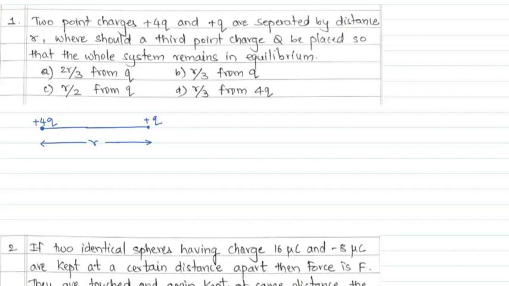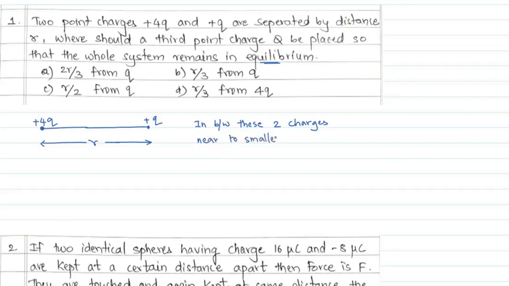Where should a third point charge Q be placed so that the whole system remains in equilibrium? Now both are positive, so the third charge has to come in between these two charges, and it will be nearer to the smaller one in magnitude.